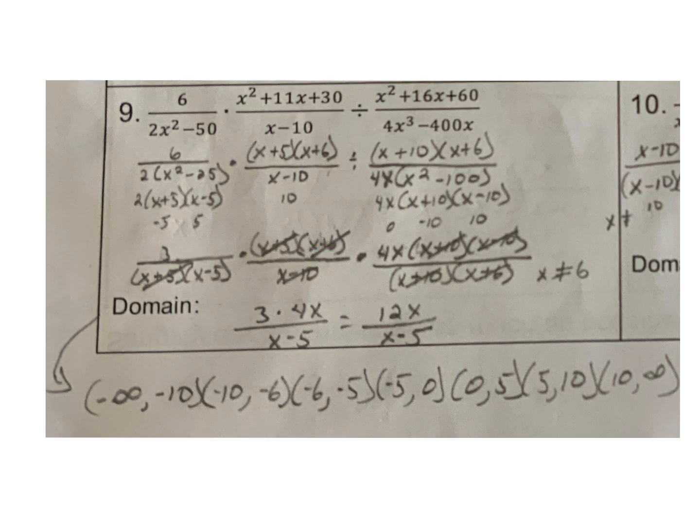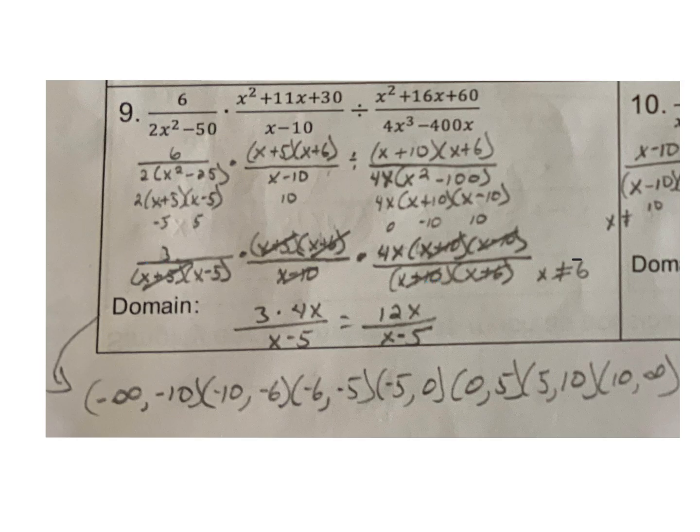X plus 6 and x plus 6 we marked out. Now, with x plus 6 being a common factor, then we know that x cannot equal, and that actually should say negative 6 right there. It cannot equal negative 6. And then we go back, and we have an x minus 10 and x minus 10 that we get rid of, and an x plus 10 and an x plus 10.